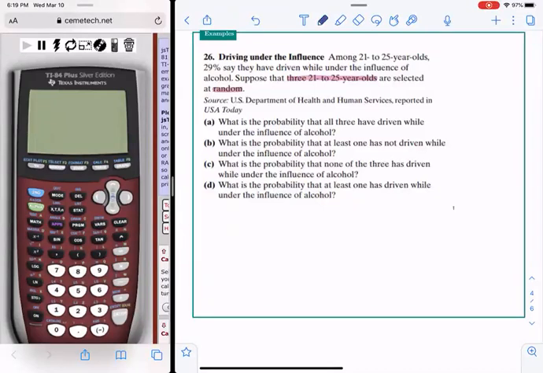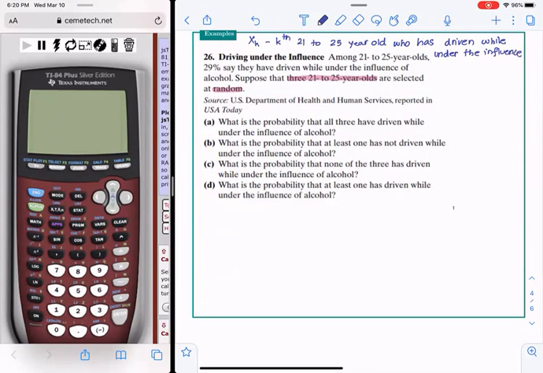So I'll call Xk to be the kth 21 to 25-year-old who has driven while under the influence.